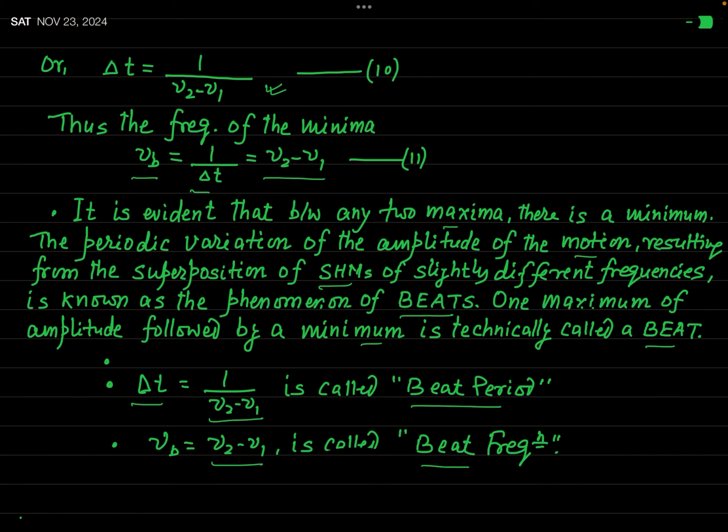Actually, this beat finds its application in the problem of waves. In our forthcoming videos about sound waves, we will again discuss these beats. Actually, in the case of a wave, you know that the intensity of the wave is proportional to the square of the modulus of its amplitude.